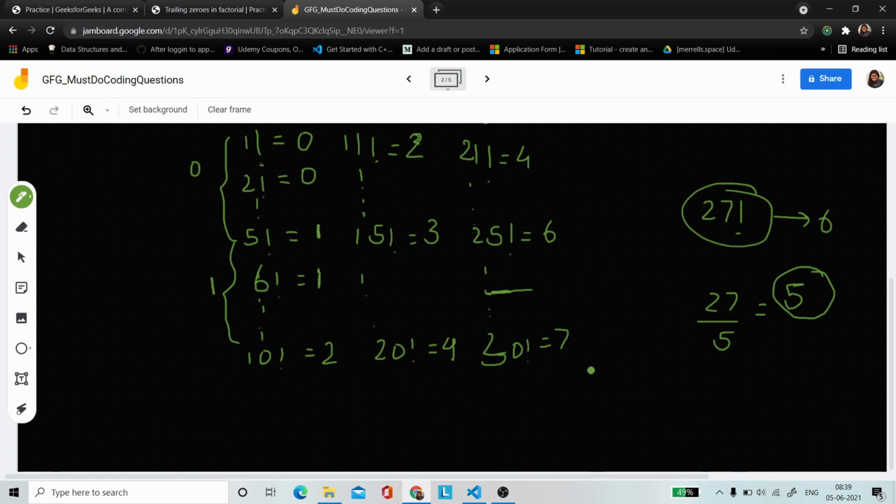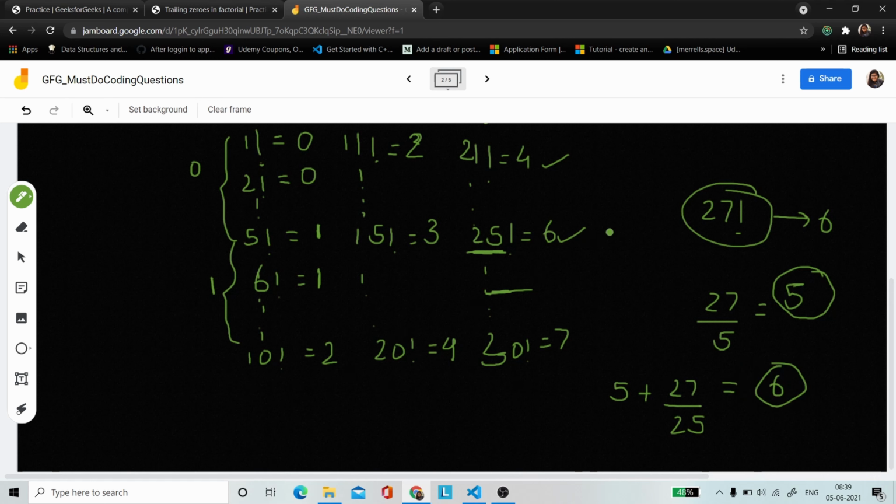Then you have to take into consideration that here it is increasing by 2, so you have to add the effect of 25 as well. If it is also divisible by 25, then you add the floor value of 27 divided by 25 as well, so it will give you 6.